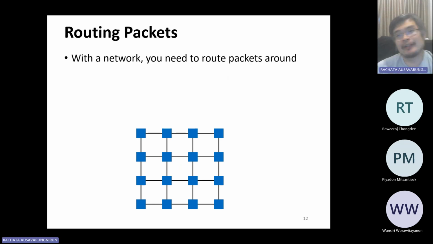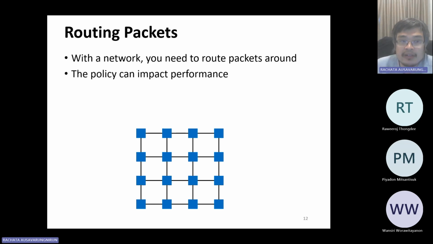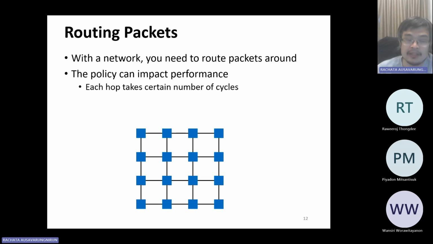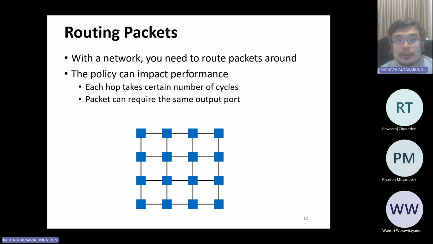And with the network, you need to then figure out how to route the packet around. The policy can basically impact your performance, because each hop will take a number of cycles, and the packets can require the same output port. So how do we handle this? For example, I can have a packet from here, source 1, wanting to go to destination 1, and another packet, source 2 here, going to destination 2, basically going to the same node here.